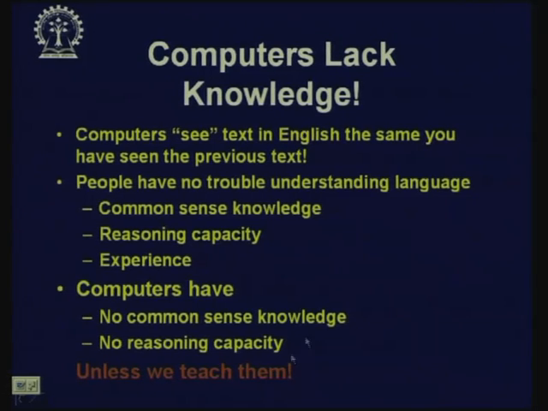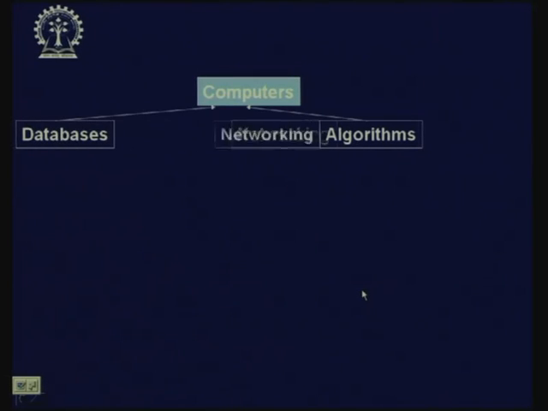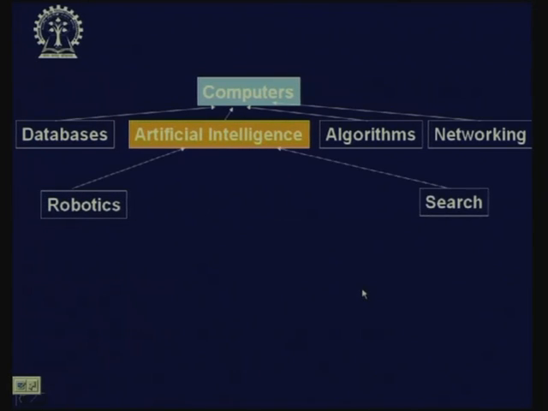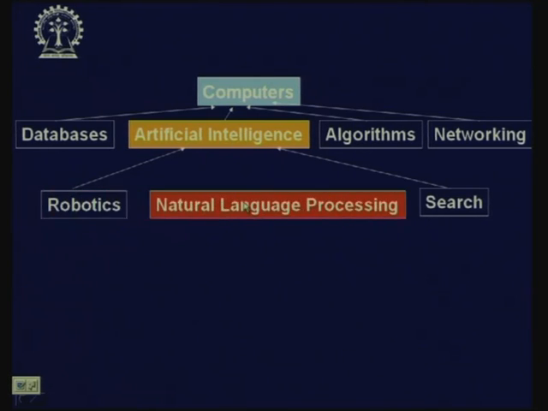Okay. Now, that is the overall scenario. So, that makes natural language processing a little difficult. Now, if we look at the different areas of computer science research, you will see that computer science deals with databases, algorithms, networking, etc. And artificial intelligence, that is the course that we are working on now, has got several components in it like robotics, search, expert systems that we have seen, and natural language processing is one very important area of artificial intelligence.